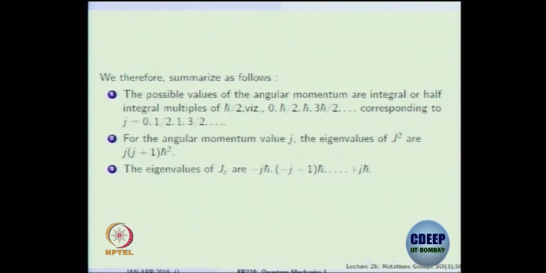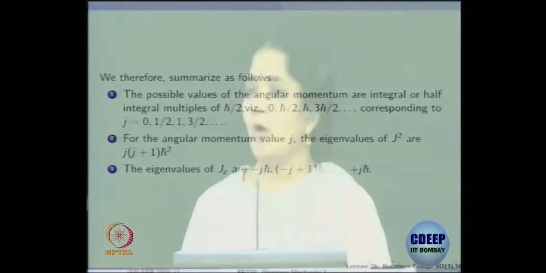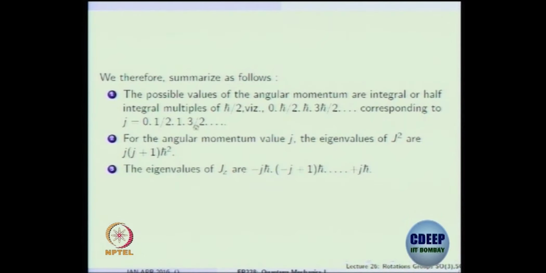So let's summarize. Going over only with angular momentum algebra, without resorting to representation in terms of harmonic oscillator ladder operators, you can also fix the possible values of your angular momentum, and you can find the eigenvalues of J squared.